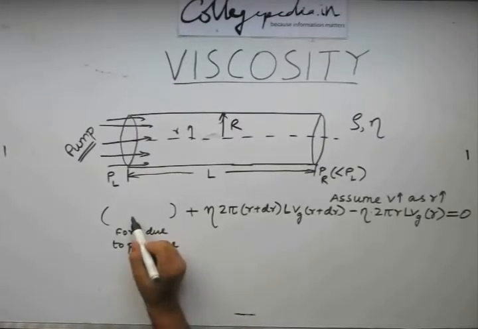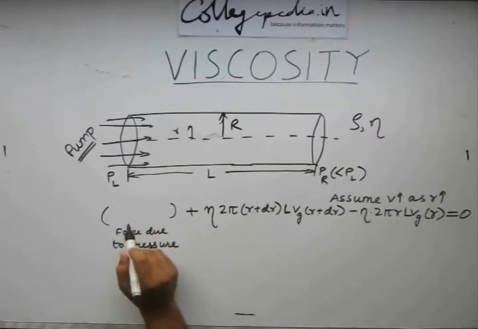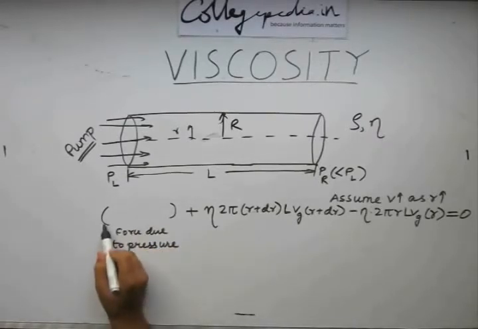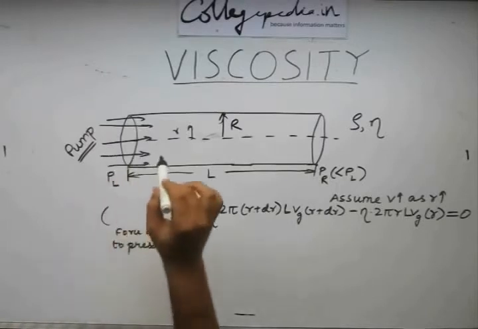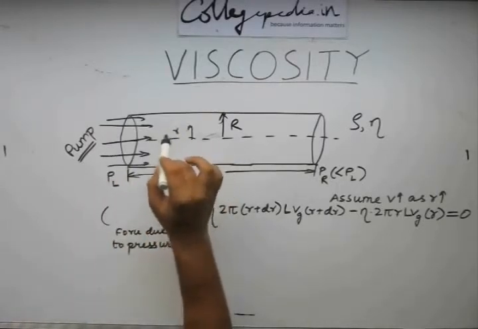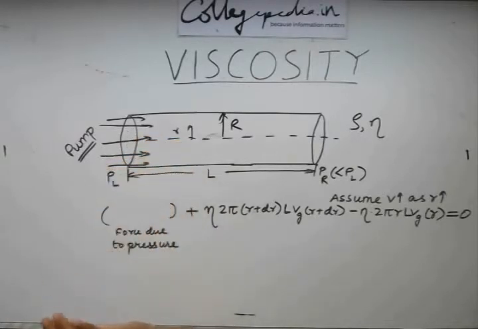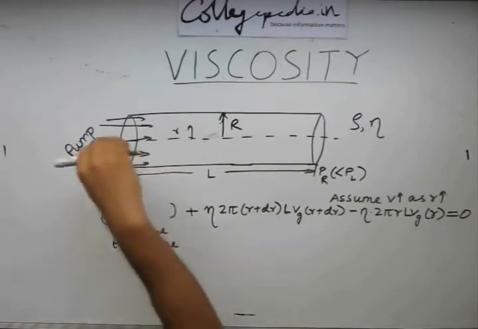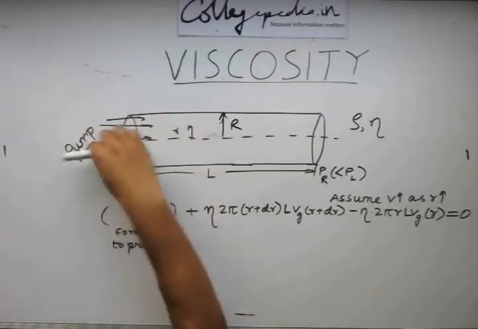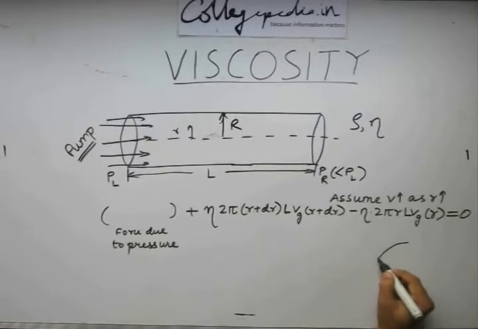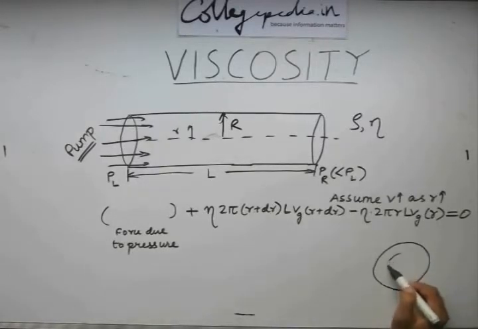Now we need to find what this force due to pressure will be. This will be the pressure at any r, which is obviously going to be PL on this side, this being applied to a cylinder which is thick. By this, what I mean to say, if we look at this pipe from this side, we will be seeing this pipe like this, the cross section, and the two layers which we are considering like this.